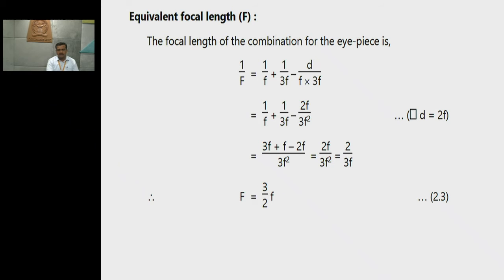If you solve this, 1 upon f plus 1 upon 3f minus 2f, the distance d being 2f, substituted here, divided by 3f square. So if you take the LCM and add the numerator, it will be 3f plus f minus 2f divided by 3f square, that will give us 2 upon 3f. By taking the inverse of this, we get capital F equal to 3f divided by 2.